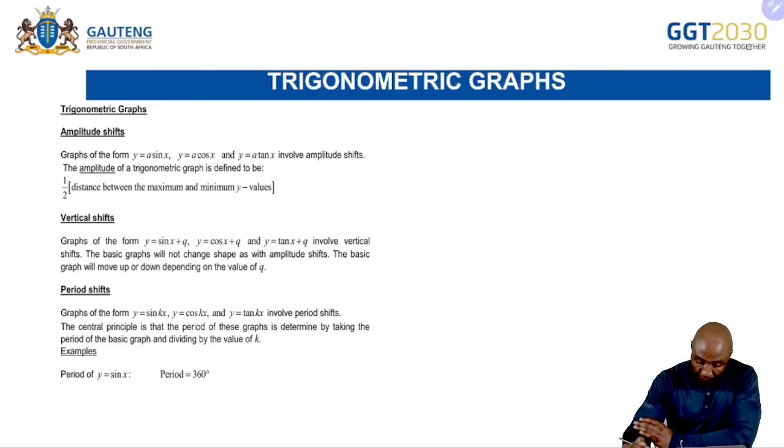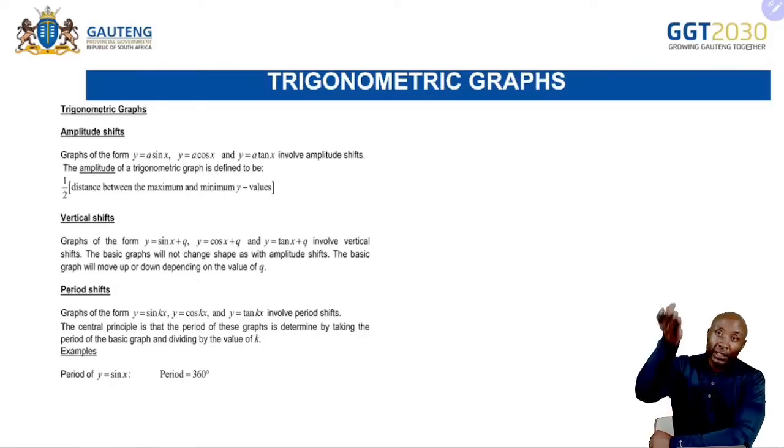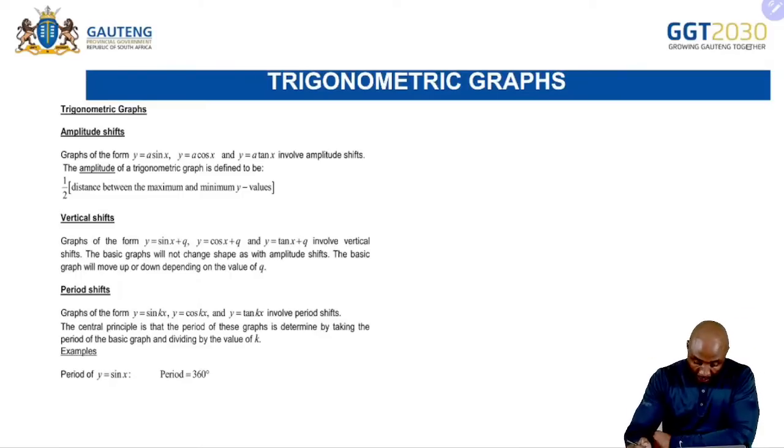Our vertical shifts, we know that it's the cos ax plus q. It shifts our graph up and down. Our period shifts, it's when we have cos 2x, cos half x, sine 2x, and then that will affect the period.